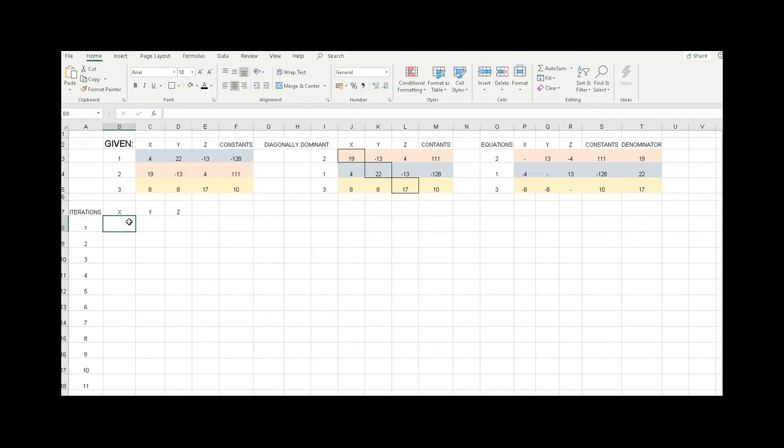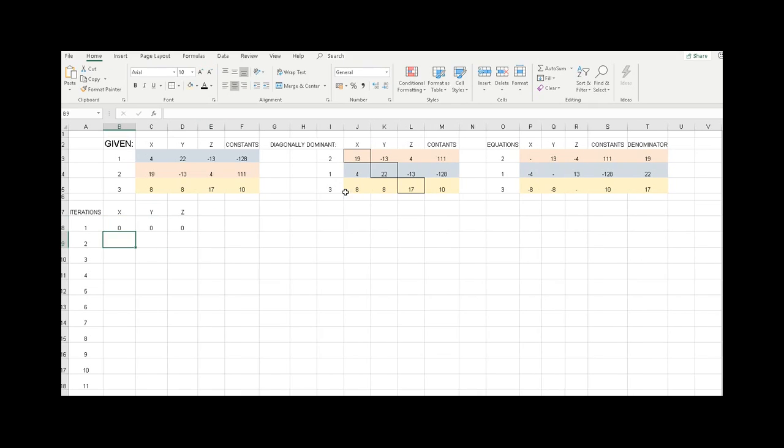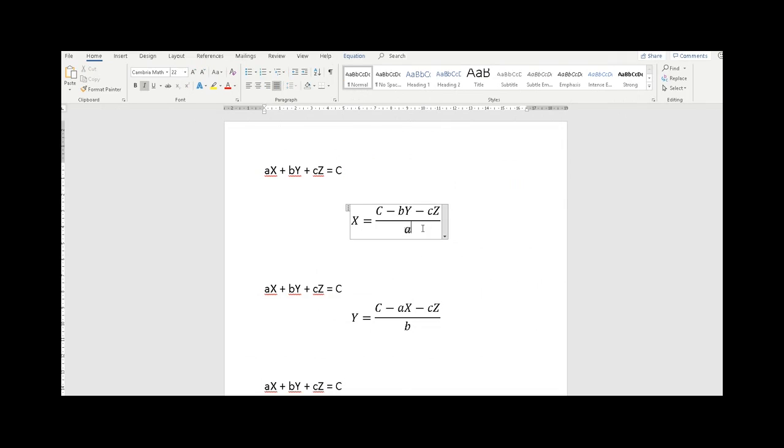For the Gauss-Jacobi method, the first guess for the roots are 0. Okay, so let us paste the equation right here as a guide.